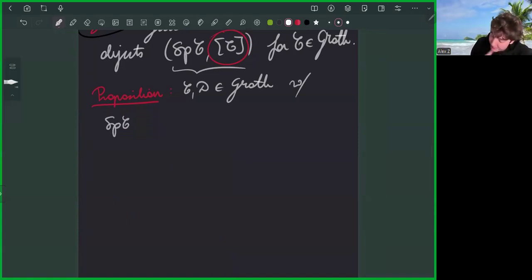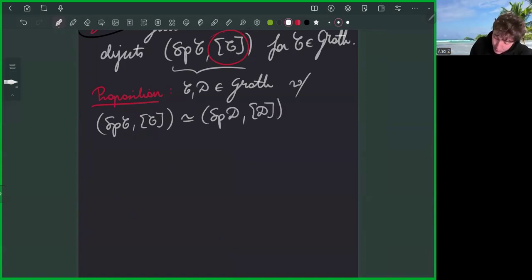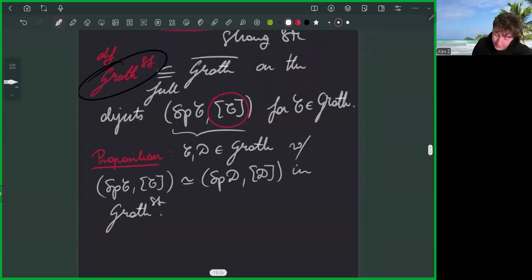So imagine that you have Grothendieck pre-stable categories C and D, and imagine that you have an equivalence, some fixed equivalence from this one object on the left to this other object on the right. And this equivalence, of course, makes sense in Groth ST, this full subcategory that we just defined here.